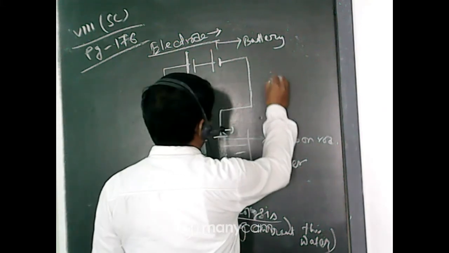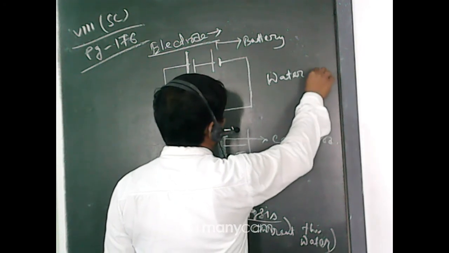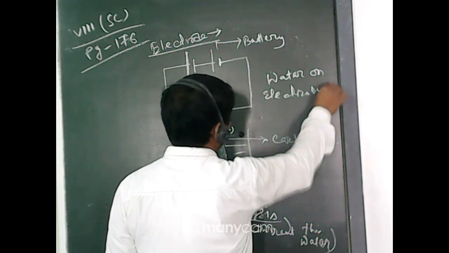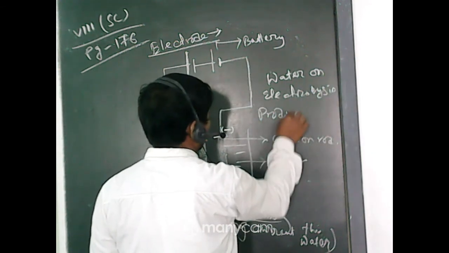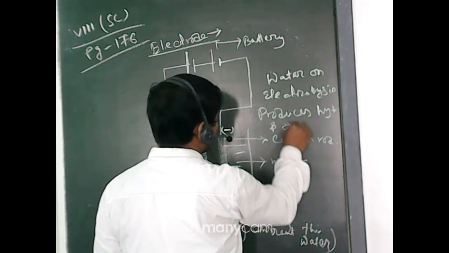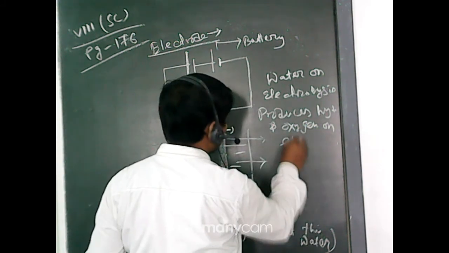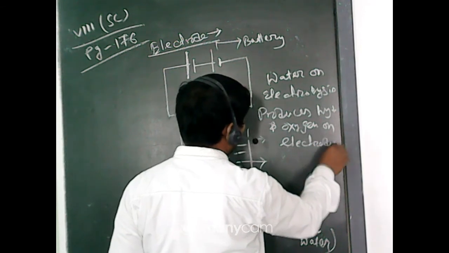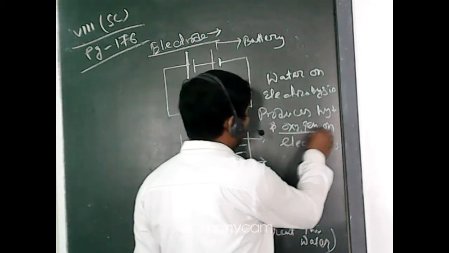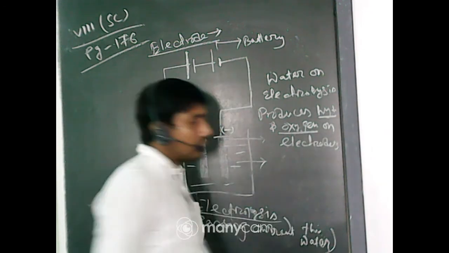So water on electrolysis produces hydrogen and oxygen on the electrodes. The oxygen will be formed at the positive terminal and the hydrogen will be formed at the negative terminal.